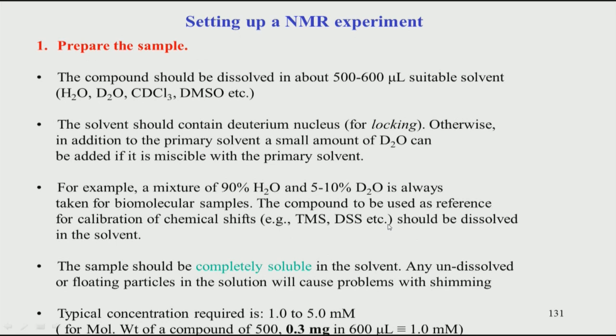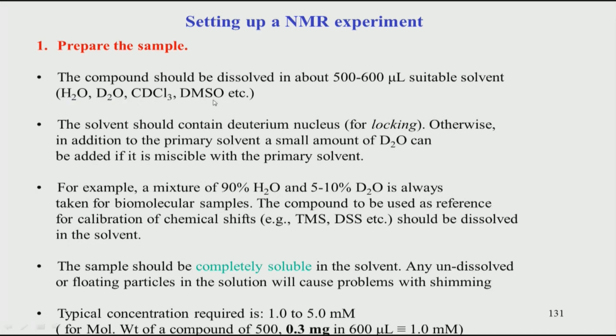So, typically this is how we prepare the sample for an NMR experiment. You start from a sample of this volume. For standard NMR spectrometers using what is called a 5 mm probe, this is the volume required for preparing a particular sample, and that sample has to be prepared in a given solvent.